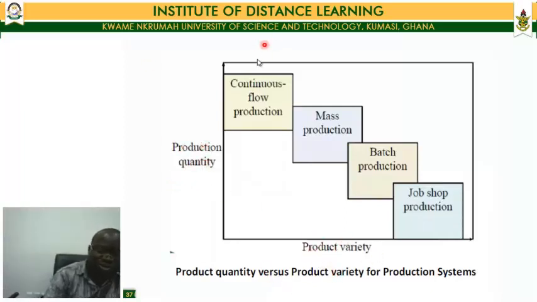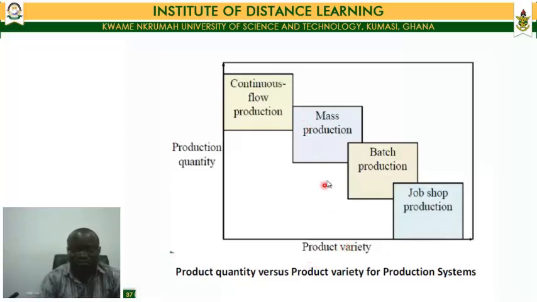What you notice is that if you take continuous flow production, the production quantity is quite high, but the product variety is very low. It could be just one single product. Now, in mass production, the production quantity is not as high as continuous flow production.